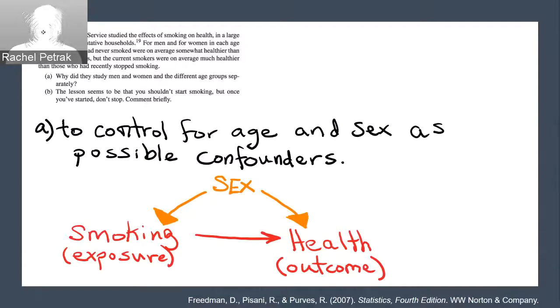Sex is associated both with likelihood of smoking and also with health outcomes. So we can see that sex is independently associated with both the exposure and the outcome. So it's a confounder, and we need to control for this in the study. To do that, we separate the groups based on sex.